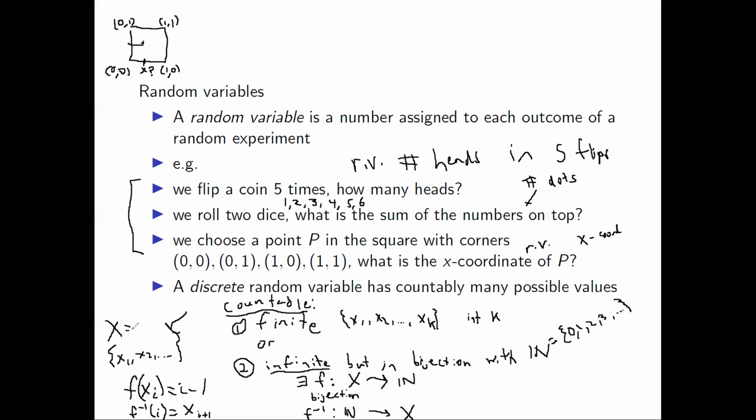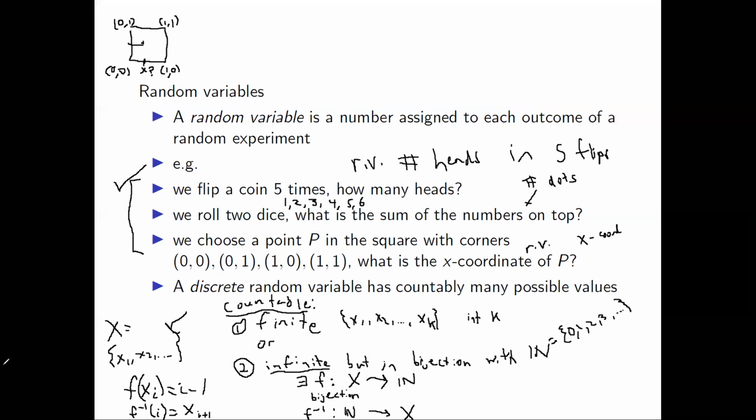So the first one, we flip a coin 5 times. What's the total number of heads in those 5 flips? The possible values for the number of heads, we have 0 up to 5. So there's finitely many possible values. So that's countable. So this one is discrete.